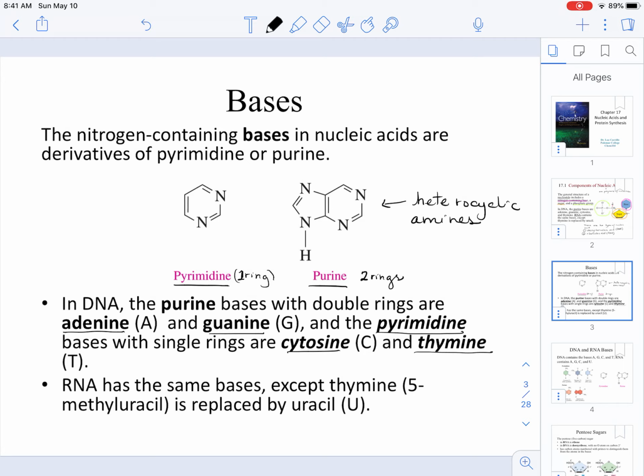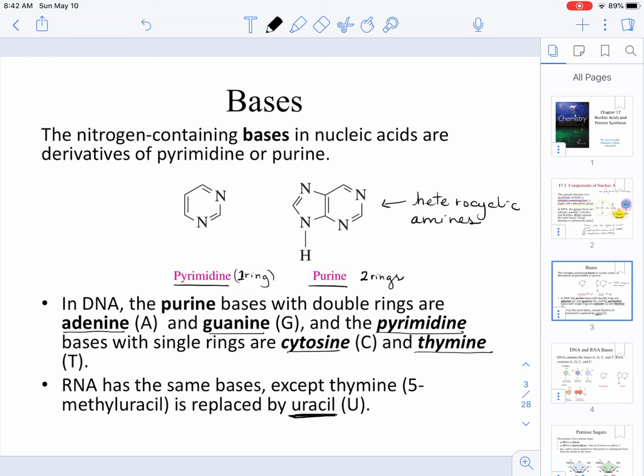RNA uses the same purine bases. It's just that when it comes to the pyrimidine bases, the only one that is different is that instead of having thymine, in RNA, we use uracil. So thymine, as you can see, is not used in RNA.